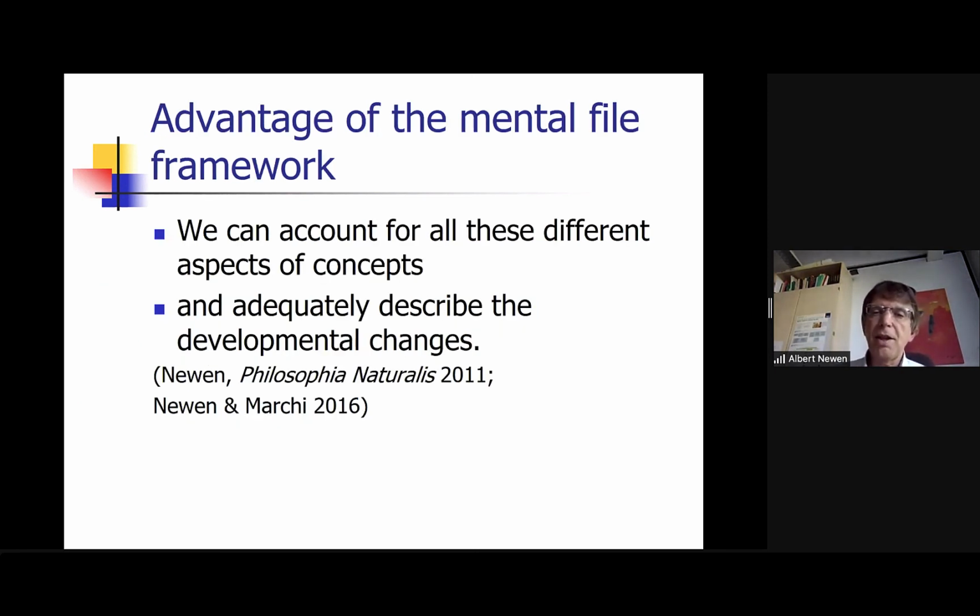This cannot be spelled out here. This is just a claim that I partially worked out in papers just cited here. So this indicates now that we can account for different aspects of concepts with all these 5 dimensions that we have to account for, and that we can ascribe the developmental changes by changing the constitutive part of information that is relevant for recognizing, in the case of a property, of recognizing what is an island.